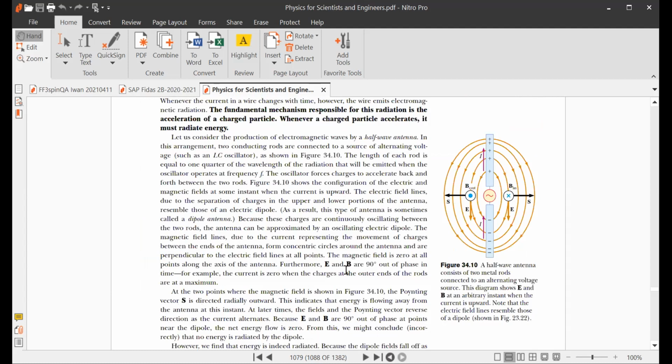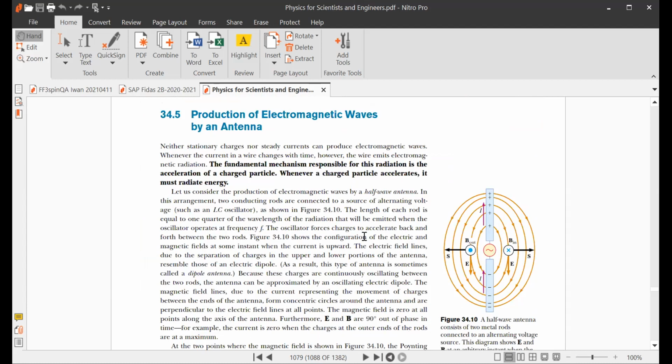So I will discuss this shortly. This is the production of electromagnetic waves by an antenna. Basically an antenna is like this. There is a charge here, which is the alternating current. There is a negative and positive rod, for example, and this is the source of the alternating current.